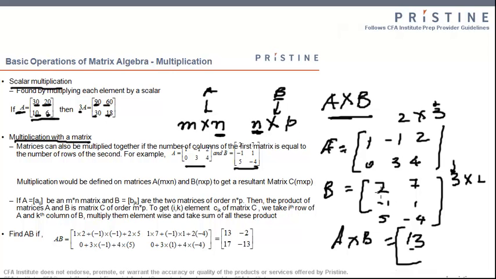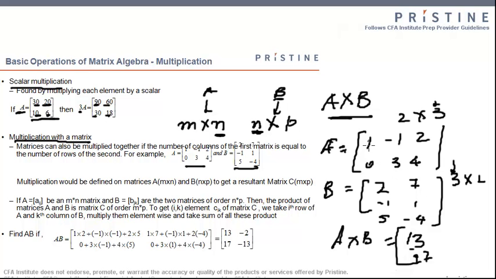Similarly, we will multiply the second row of A with first column of B to get this element, that is the one in the first column and second row. So when we do that, 0 into 2 is 0, 3 into minus 1 is minus 3, and we add to it 4 into 5, that is 20, so it becomes 17.